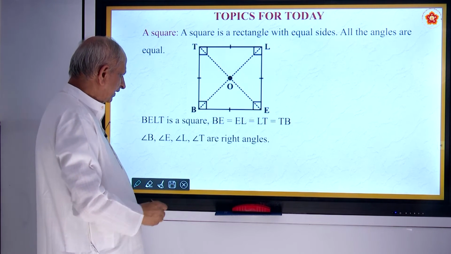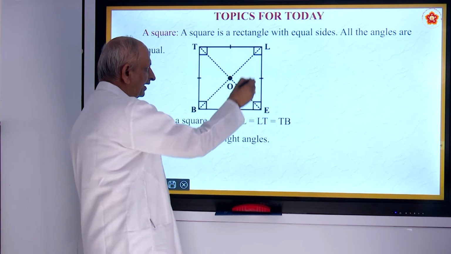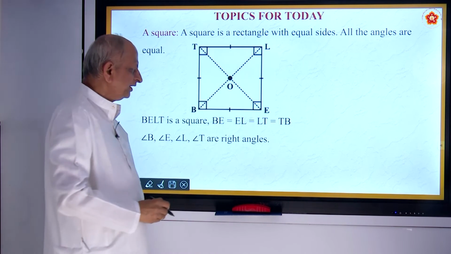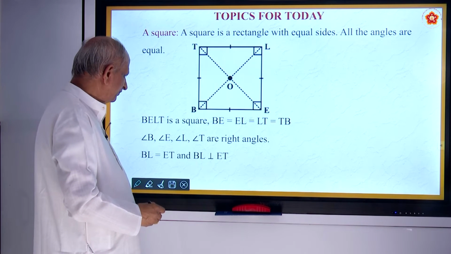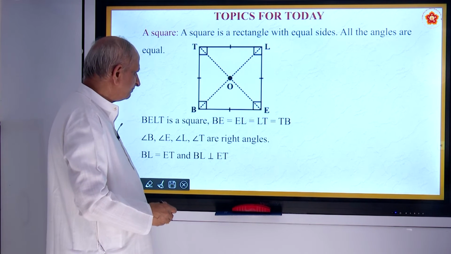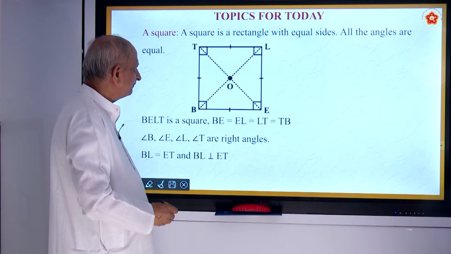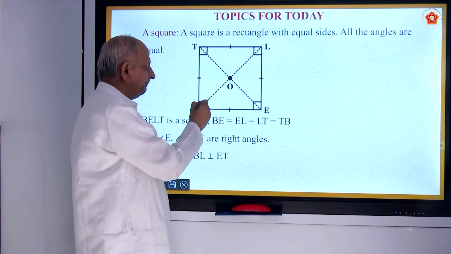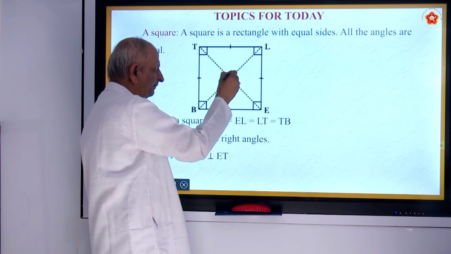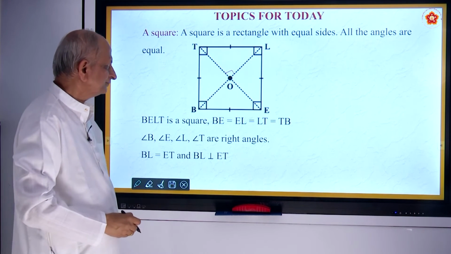Also angle B, angle E, angle L, angle T all are equal to 90 degrees. And also we have seen BL is equal to ET. The diagonals BL is equal to ET and BL is perpendicular to ET, means this angle is 90 degrees.